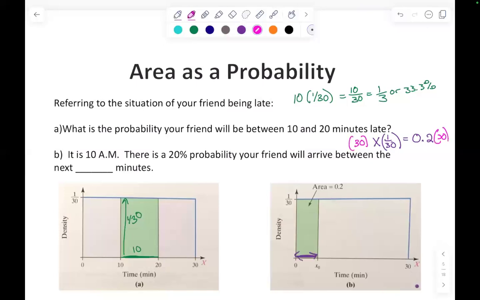I did something wrong. Oh, I didn't multiply. I divided. 0.2 times 30 equals 6. So in this case, x equals 6. So there's a 20% chance that he will arrive in the next 6 minutes. Questions on this?